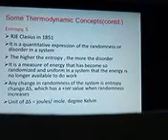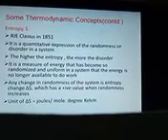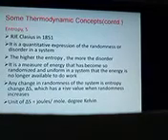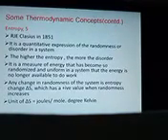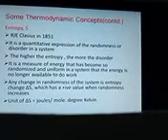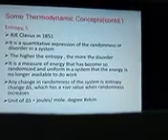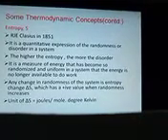Now, some thermodynamic concepts. The first is entropy. It is an important concept in thermodynamics. The term was first used by Clausius, a German, in 1851. It is denoted by the letter S. It refers to the level of randomness or disorder in the system. The higher the entropy, the more the disorder.